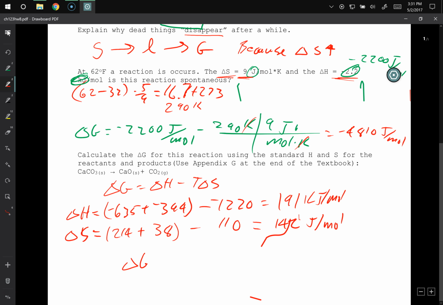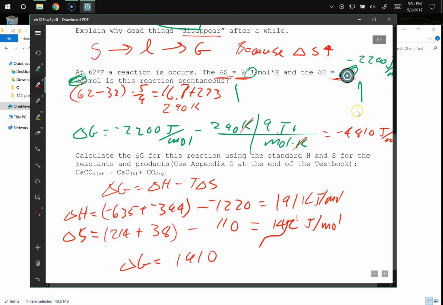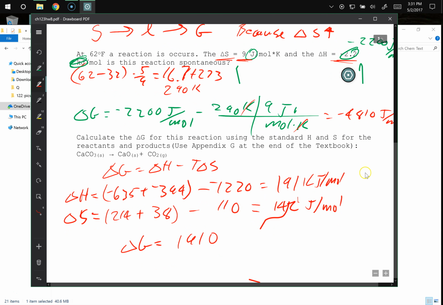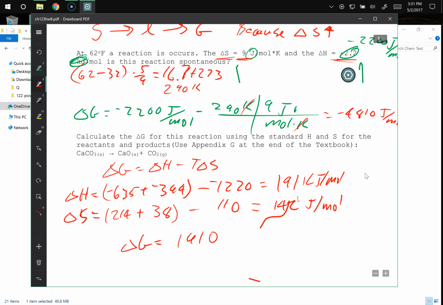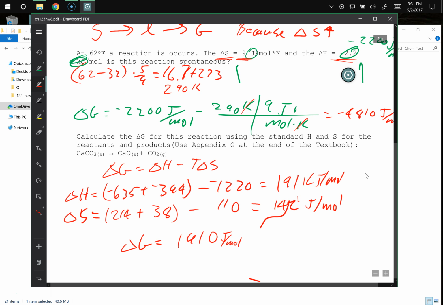So then my delta G is equal to 191. That's joules per mole. And then I'm going to subtract off 298 K and then 142 joules per mole K. K's cancel out.